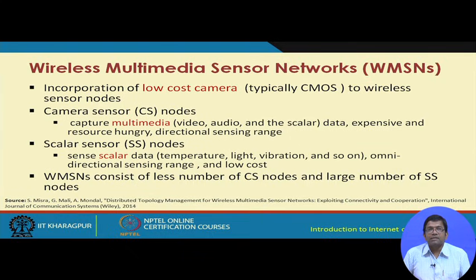These sensors are known as scalar sensors, and in addition we have the camera sensors. The camera sensors basically include still cameras, small sized still cameras or video cameras, which can be integrated along with these scalar sensors to get a complete picture of what is going on in a particular terrain of interest.